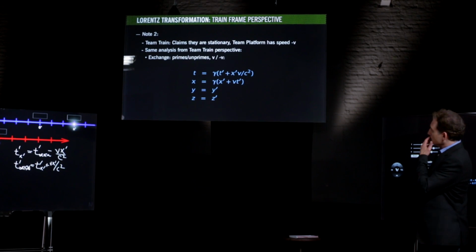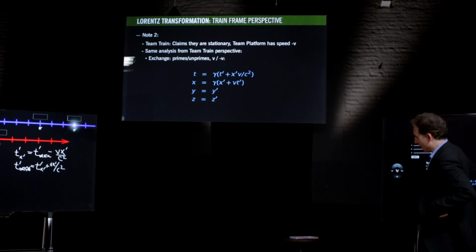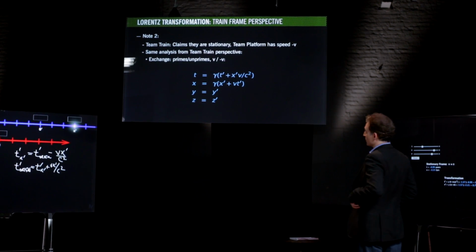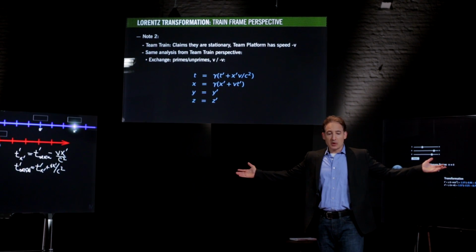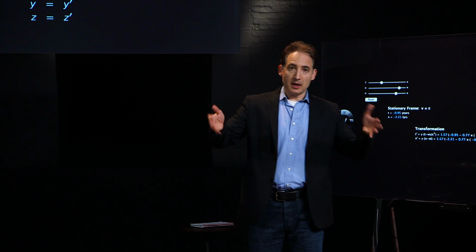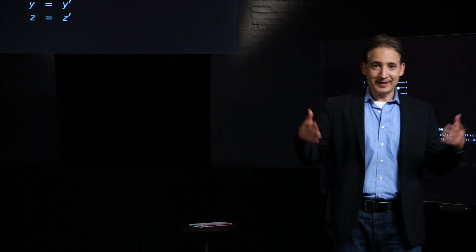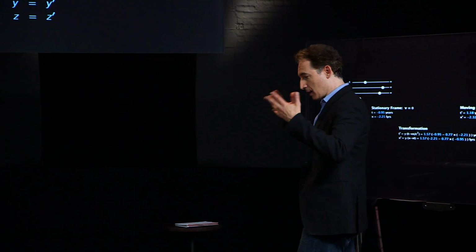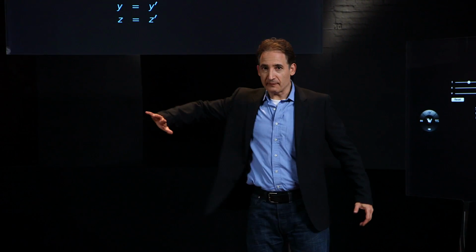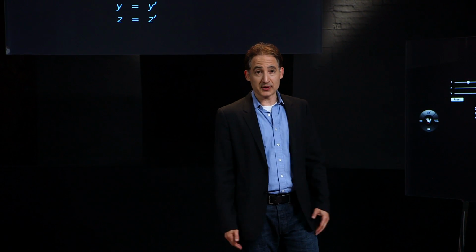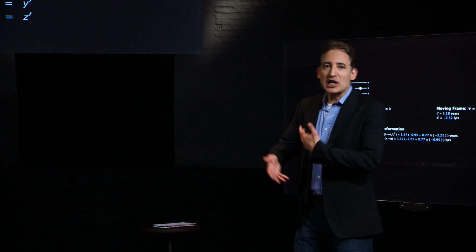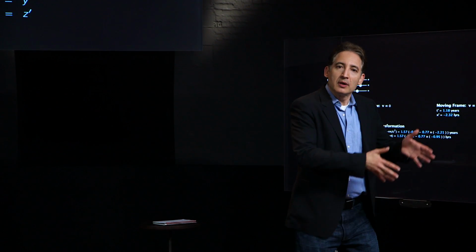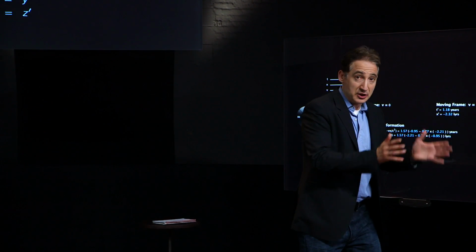Note number two. I've pretty much already made use of this in the derivation, but what you call team train and what you call team platform is a matter of perspective, in that team train can claim to be at rest with team platform moving, or vice versa. That means the equations we derived must have a simple incarnation from the other reference frame's perspective.